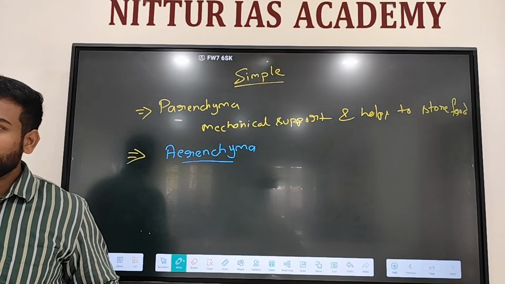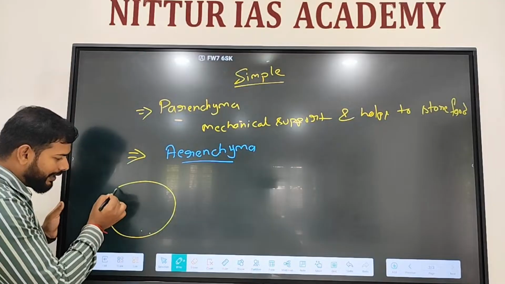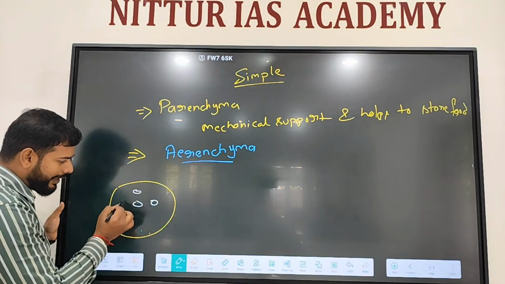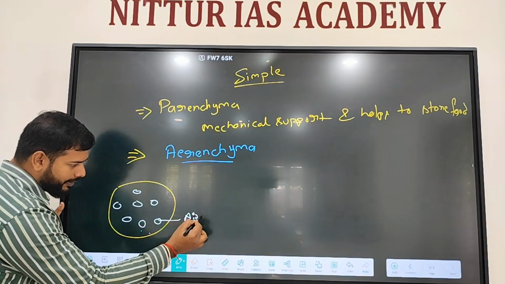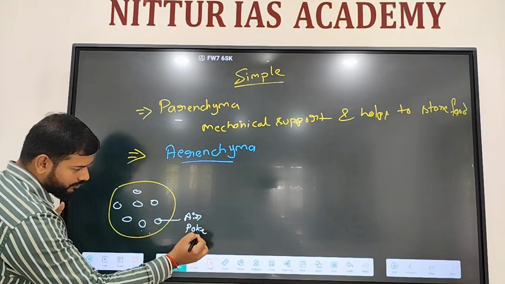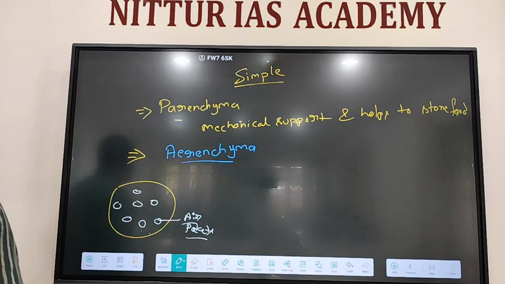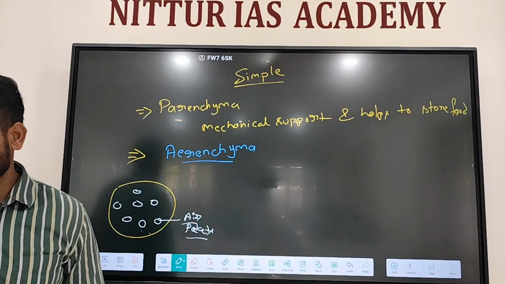What is the speciality? The leaves contain air sacs, air pockets, so that the leaf floats on the surface of water.